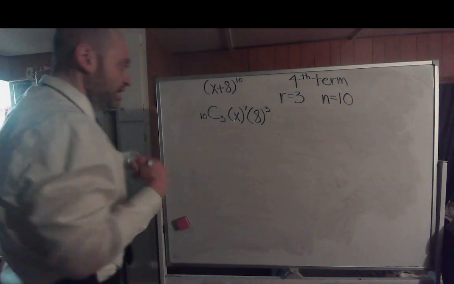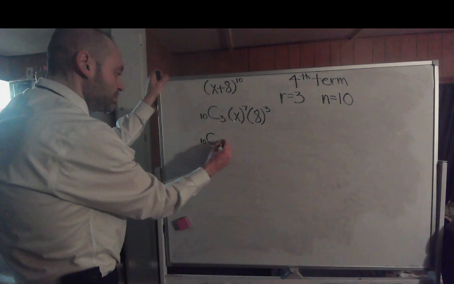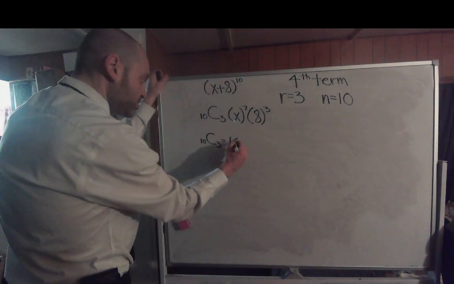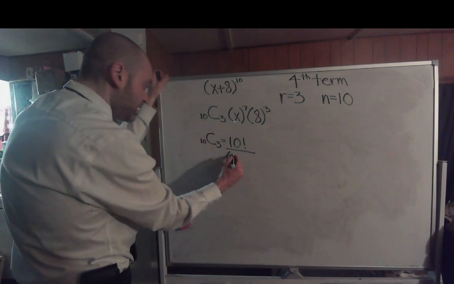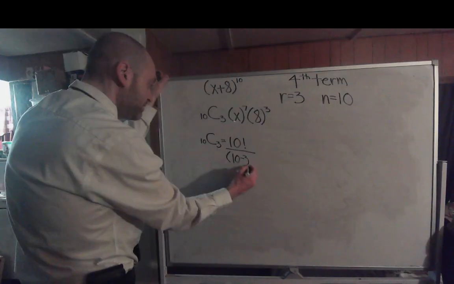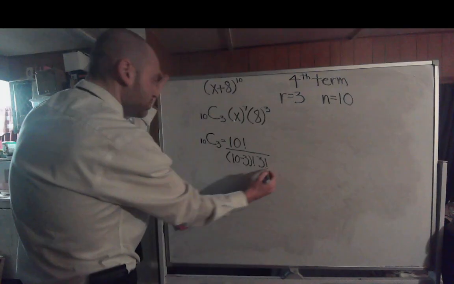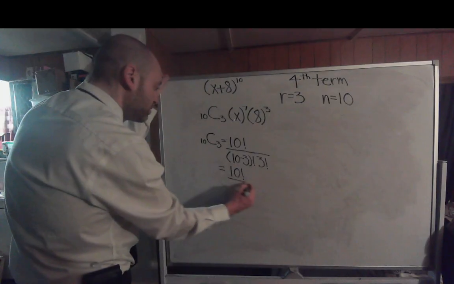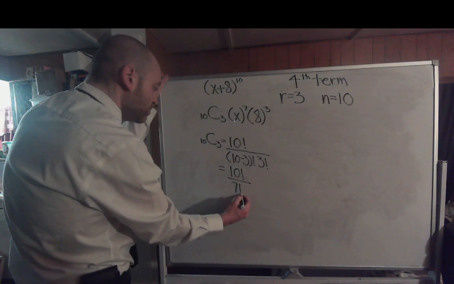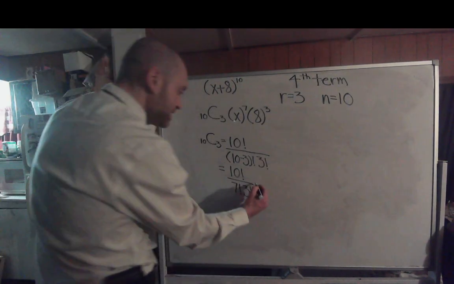All right, so let's go ahead and explore this combination of 10 things 3 at a time. So that's going to be equal to 10 factorial all over the quantity of 10 minus 3 factorial times 3 factorial. So this would give you 10 factorial all over 7 factorial times 3 factorial, which we'll break down further.